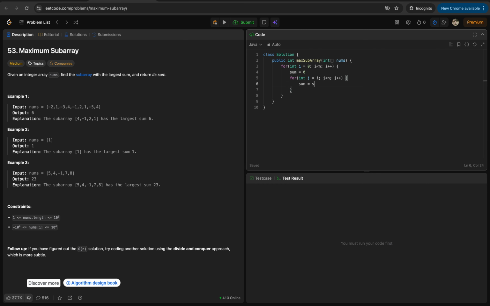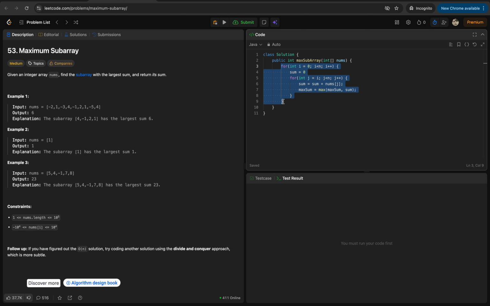Now sum will be sum plus nums[j], and we'll keep a max sum. At each iteration, max sum will be the max of both max sum and sum, and at the end we can return the max sum. So like this we'll find the sum of all possible subarrays and return the result.